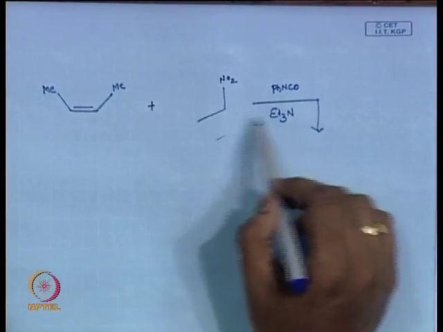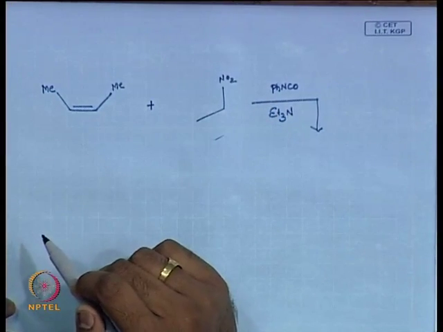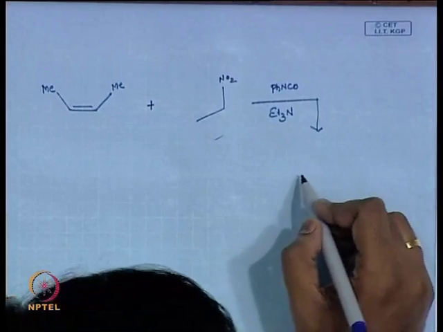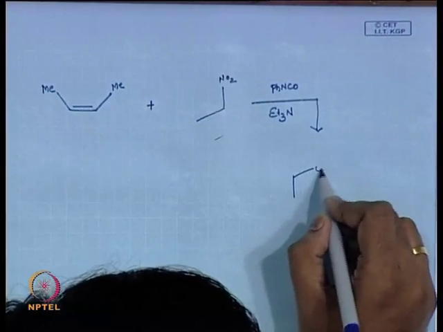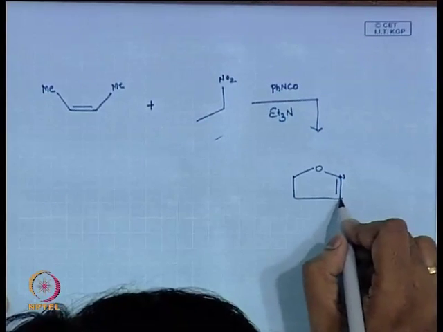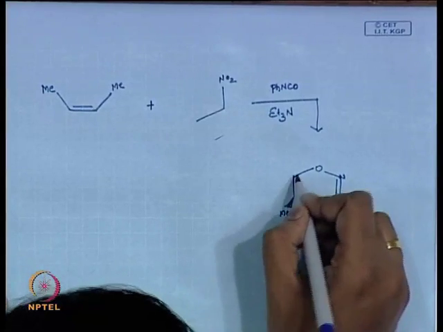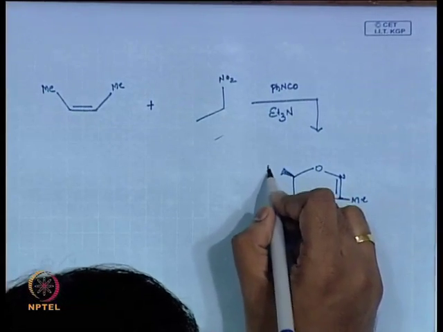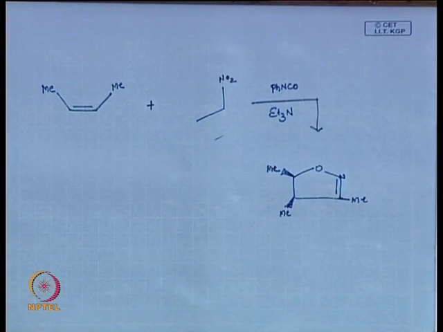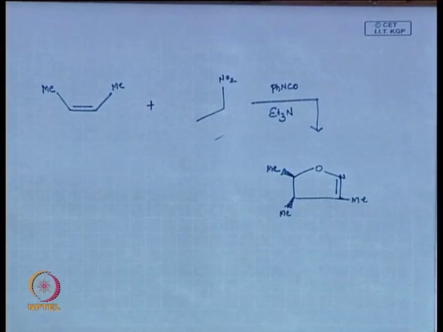So, it will lead to a nitrile oxide, and that will react with your cis olefin. Then the product you will see is this cis type of product. So, that is why this reaction maintains stereospecificity, it is stereospecific.